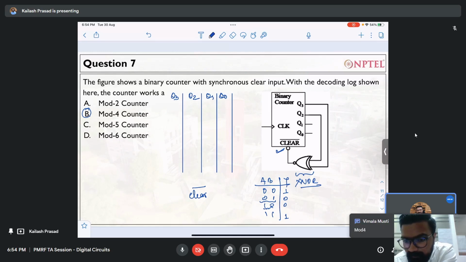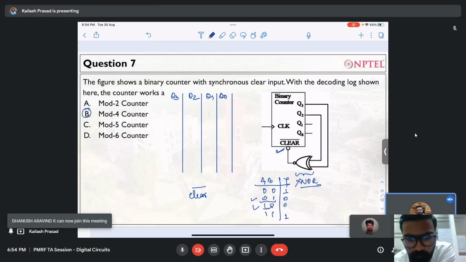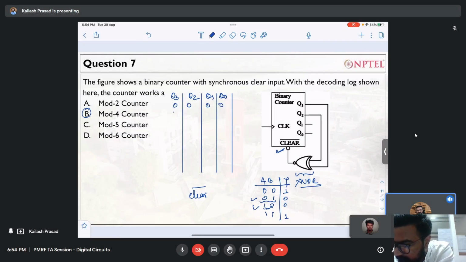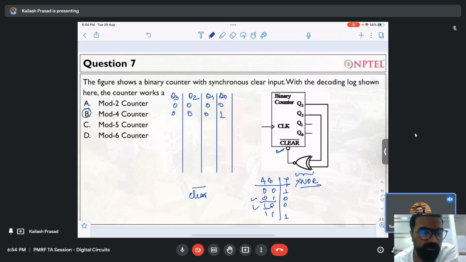Vimla is saying mode 4. So to clear this, what you require is some pattern which will give you 0, 1 or 1, 0. So let's see. 0, 0, 0, 0, that is fine. That is my first state. Then 0, 0, 0, 1, that is also fine, not reset.